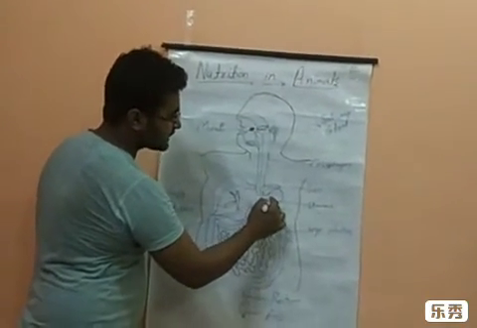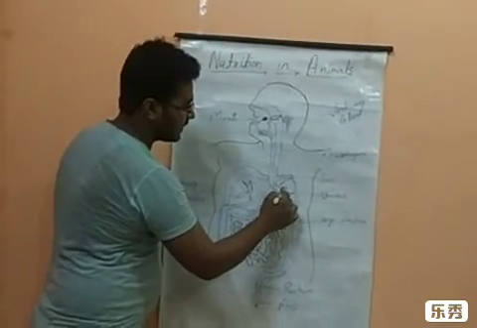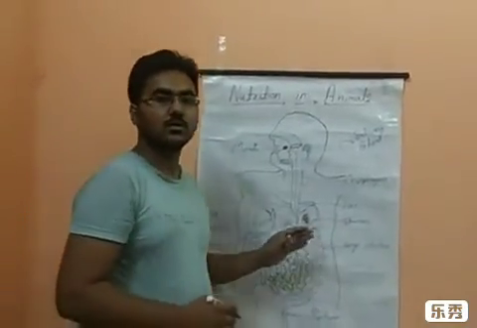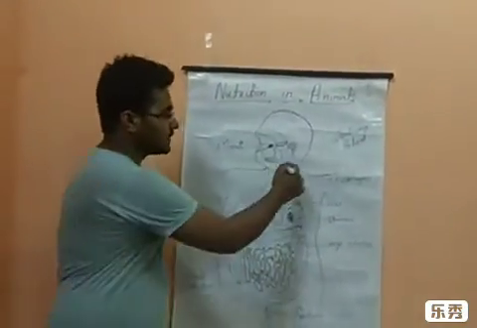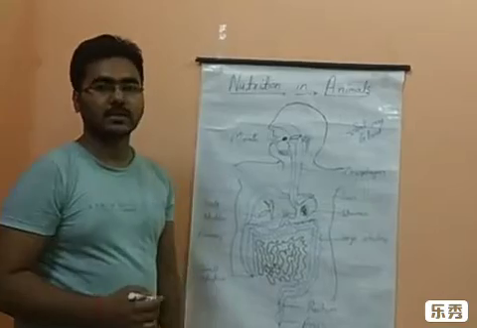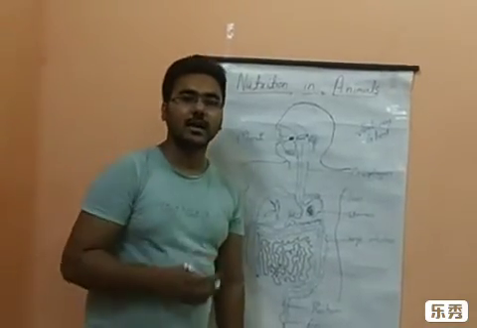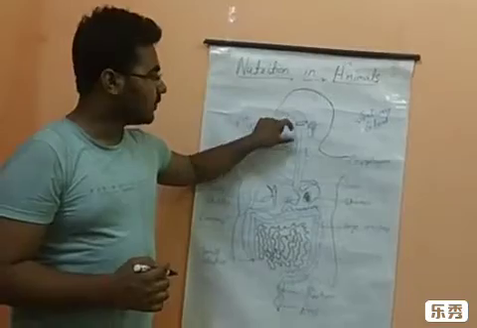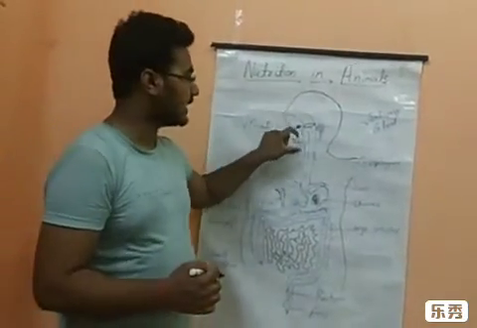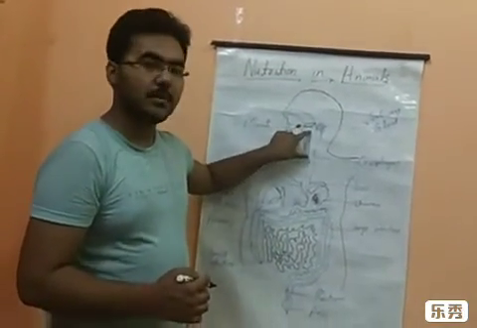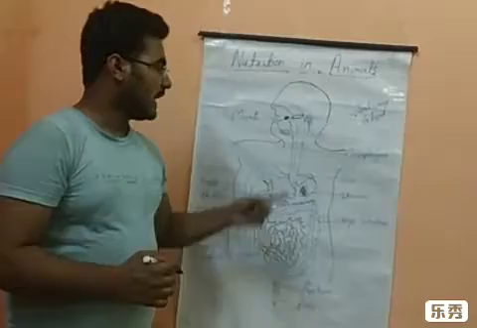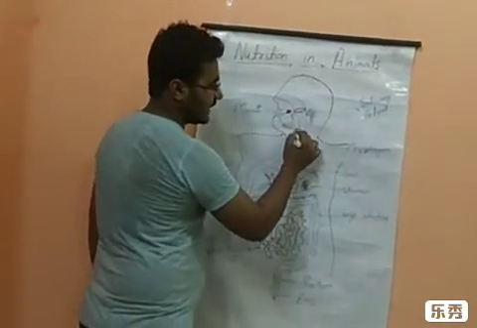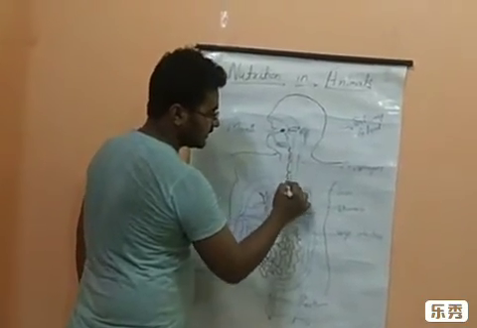So this food bolus came here. From here to here, the bolus came to the stomach with the help of the esophagus, a tube-like structure that connects the mouth to the stomach. The food particle is transferred from the mouth to the stomach, and in the process it creates a wave-like motion.